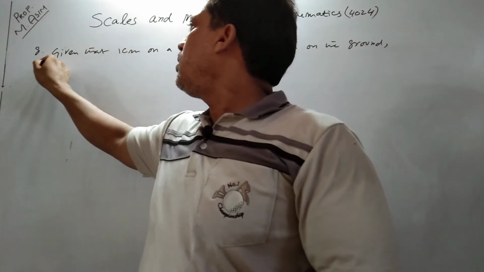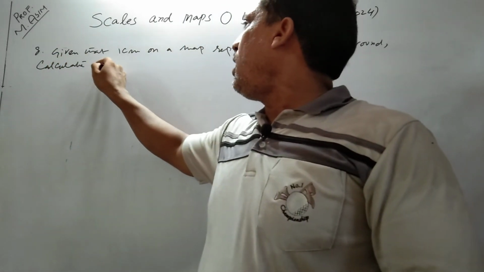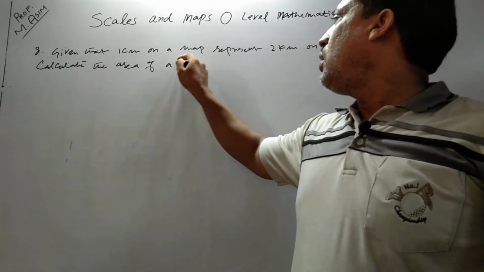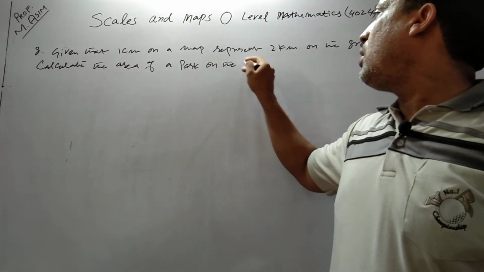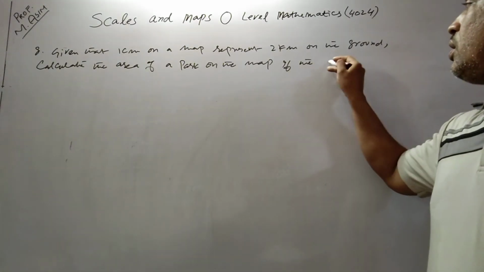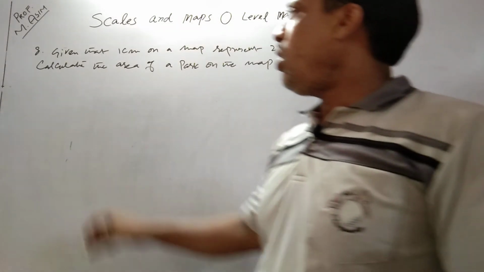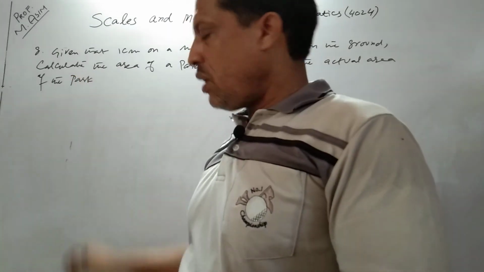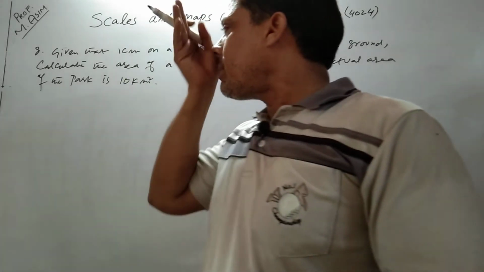Calculate the area of a park on the map if the actual area of the park is 10 kilometer square.